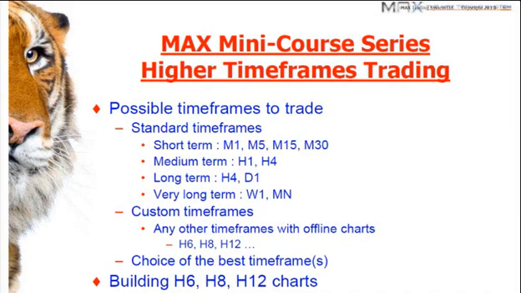And then we have the custom time frames, and by custom time frames I mean all the other non-standard time frames we can build using the offline chart of MetaTrader. And so we can build, in fact, any time frame we want.